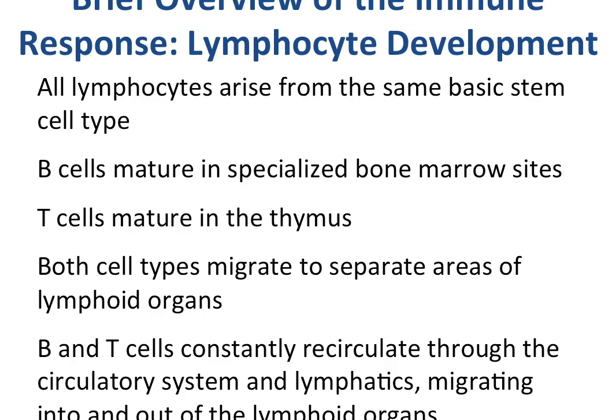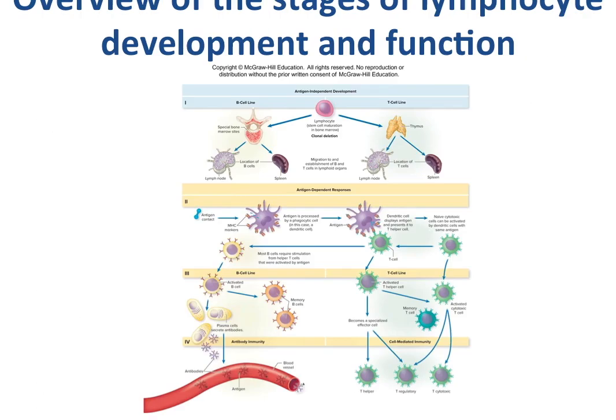T cells and B cells circulate in the bloodstream, and they can also migrate to tissues to perform the immune response. This diagram shows the maturation of the T cells and B cells.